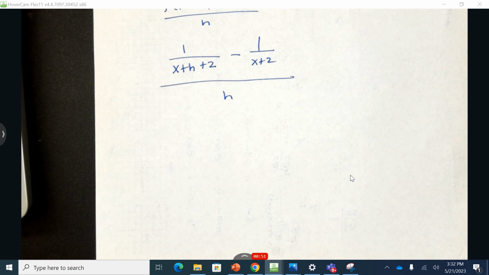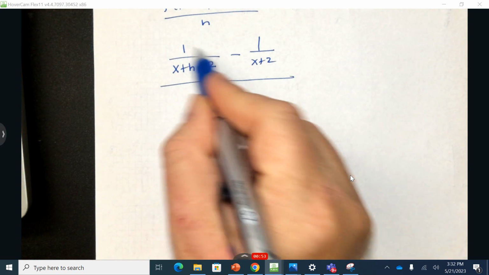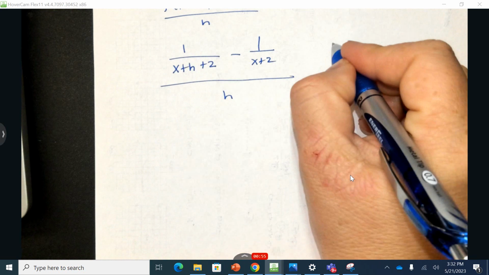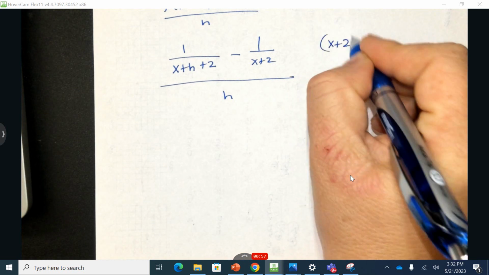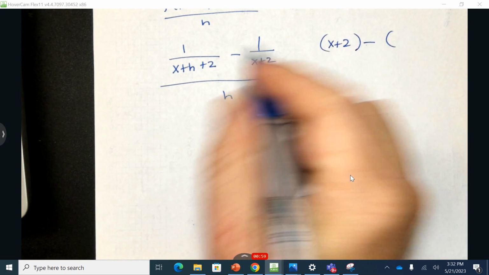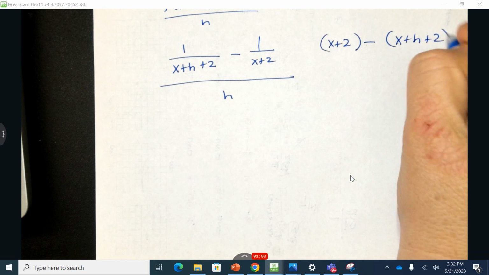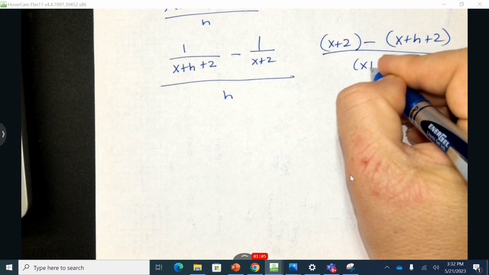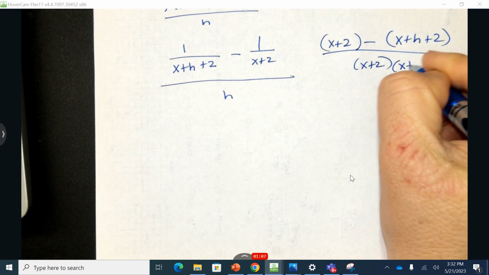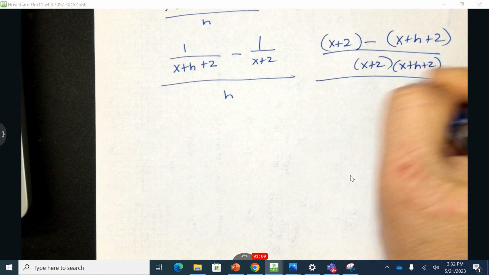Let's try doing the butterfly method. So on top, I have 1 times x plus 2, subtract 1 times this quantity, all over x plus 2 times x plus h plus 2.